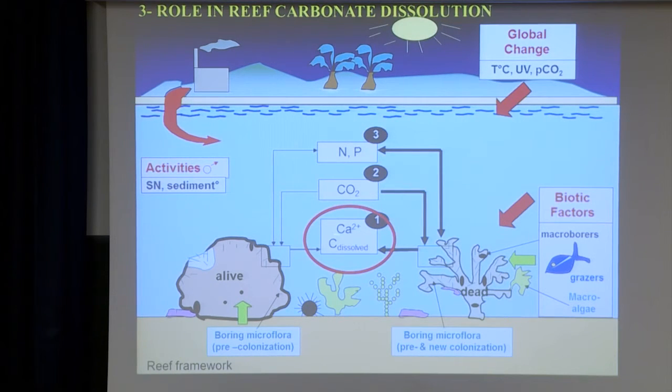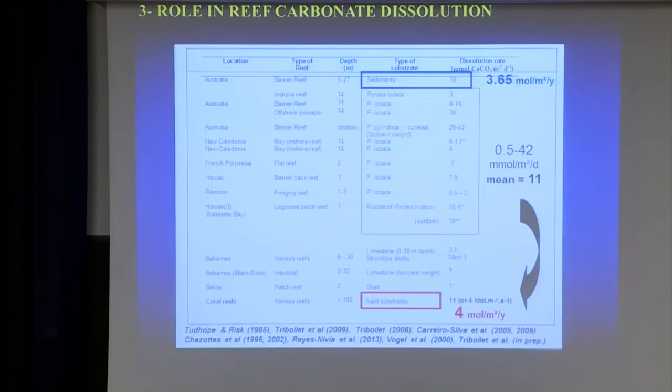So let's talk about numbers and see how significant this process is at the ecosystem scale. Okay, this is our horrible table. I'm not asking you to remember all the numbers.